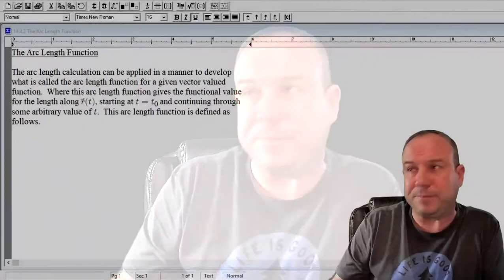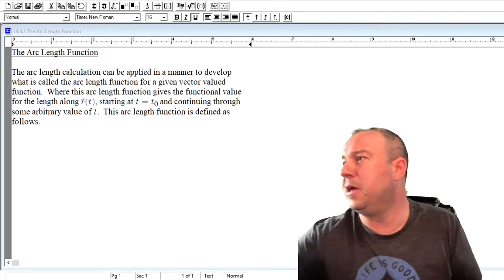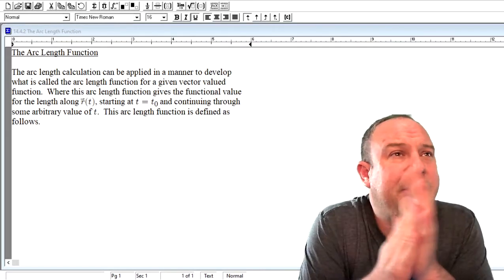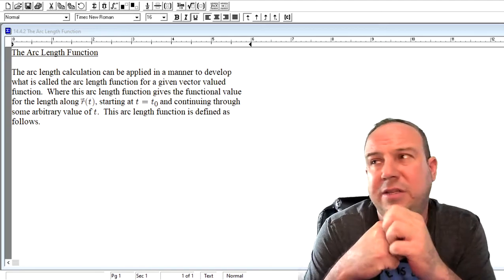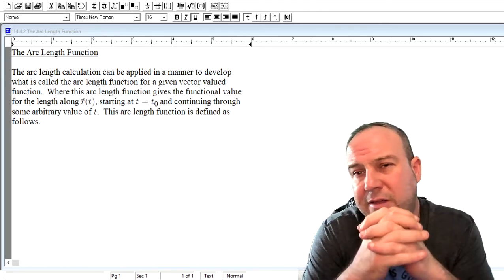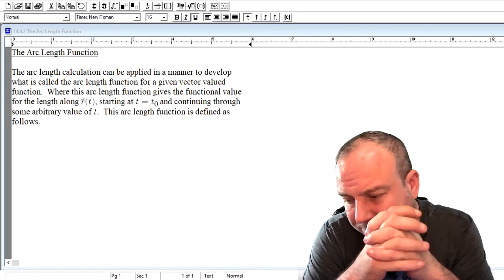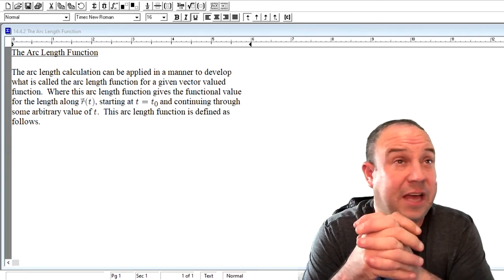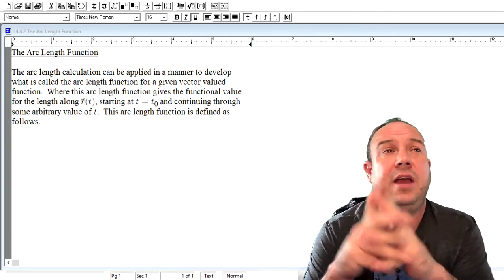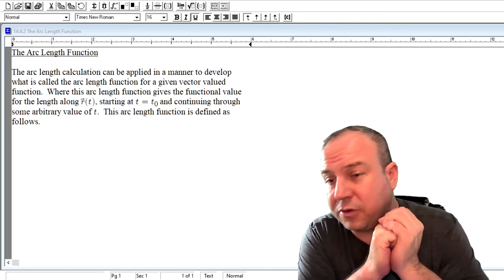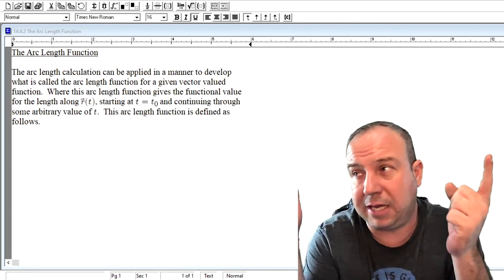But what we are going to do, and I kind of highlighted this with the last video in this sequence, if you're following along, right? If you're playing the home game, and that is the arc length function here, folks. We looked last time at the arc length calculation, determining the length of a vector valued function from point A to point B, right?